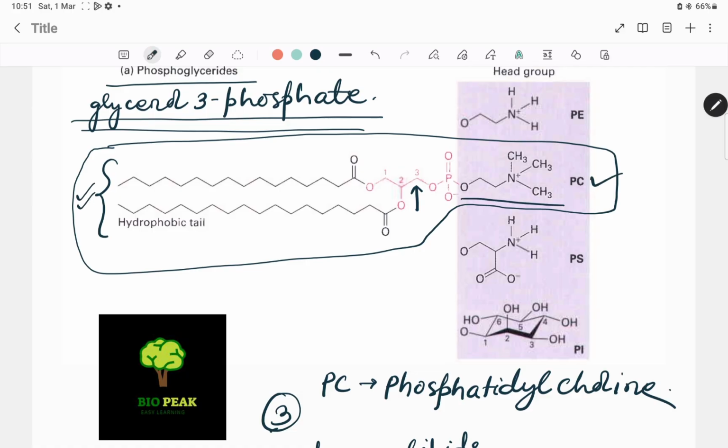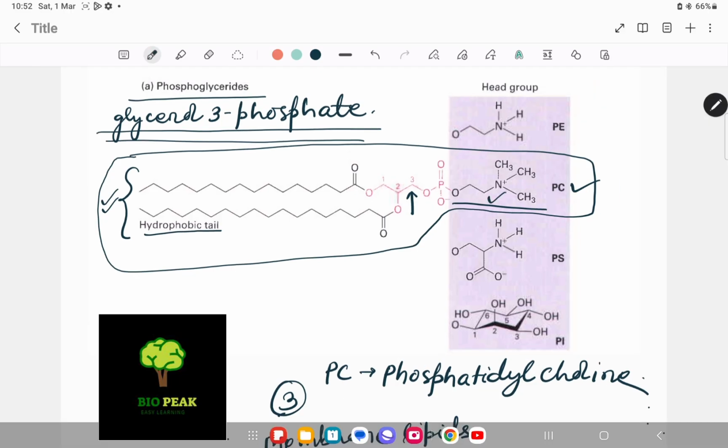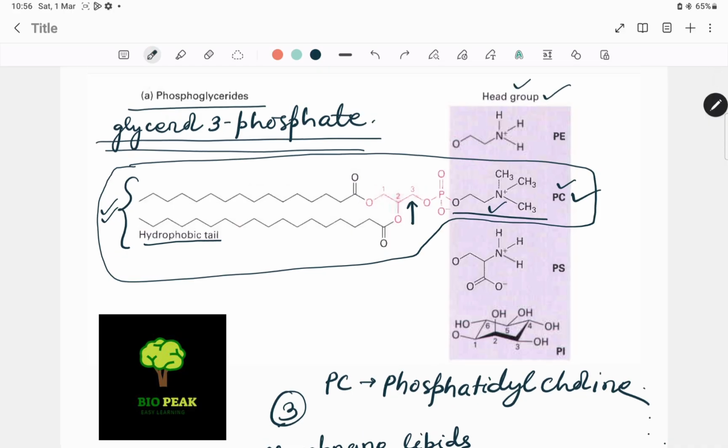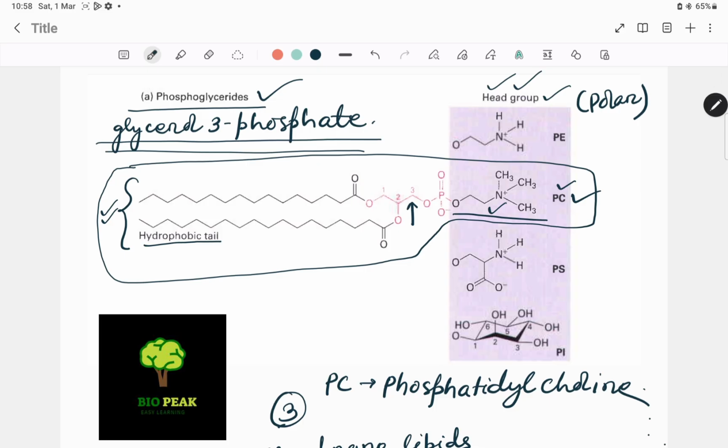This black colored group in PC forms the hydrophobic tail. This black colored group in PC generally forms the polar head group. The head groups in phosphoglycerides are polar in nature. Polar head groups are esterified to phosphate in phosphoglycerides.